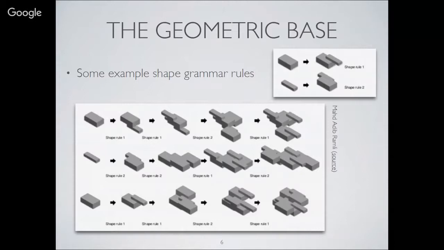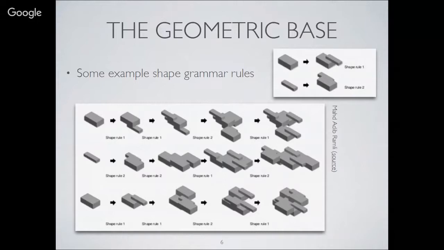We can also say that given either of these blocks, we have a rule which can operate on those blocks and add on. For instance, the big block says, I have a rule that tells me to add a small skinny block on top of me and offset slightly. And the small block says I have a rule which adds a big block on, shifted slightly in front of me and to the right.